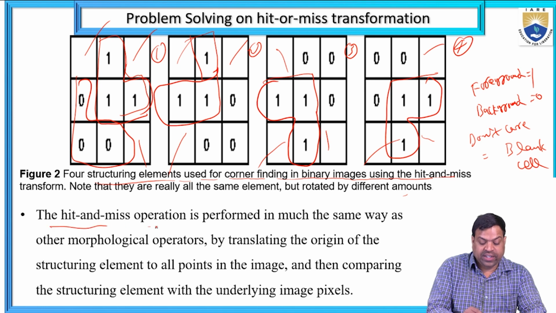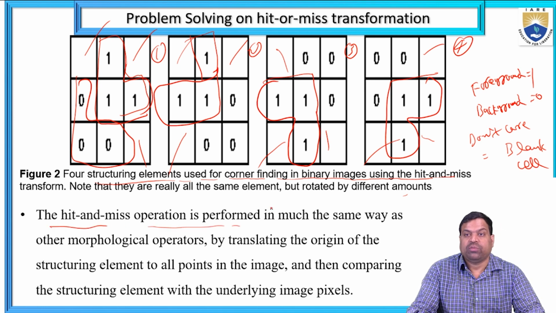The hit and miss operation is performed in much the same way as morphological operations, by translating the origin of the structuring element to all points in the image and then comparing the structuring element with the underlying image pixels.